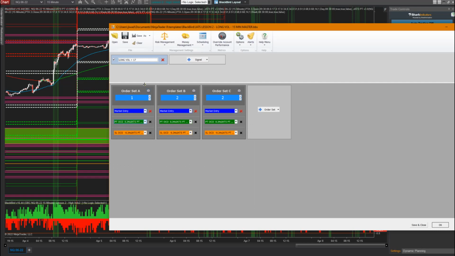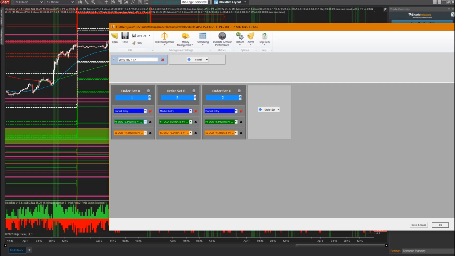And if that first order set is reached, it throws in a second order, with the theory being, if the first order was successful, then let's go back in and get a second chunk of that range. So this is a dynamic range of that 15-minute time series.